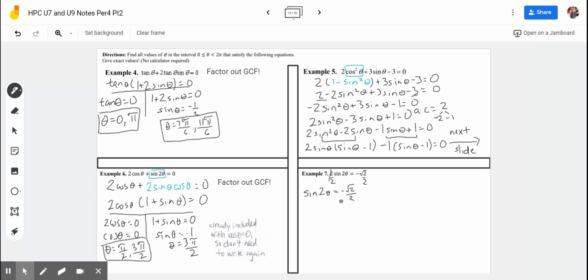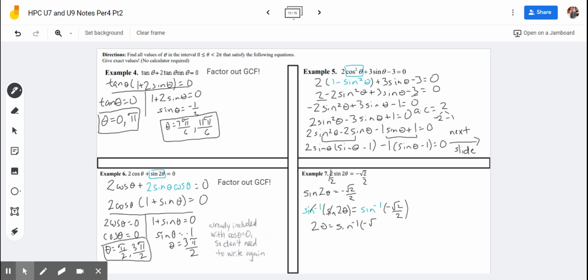And what we can do from here is take the sine inverse of both sides. Okay. So when we take the sine inverse of both sides, sine inverse and sine cancel out, and you're just left with 2 theta is equal to sine inverse of negative radical 2 over 2.